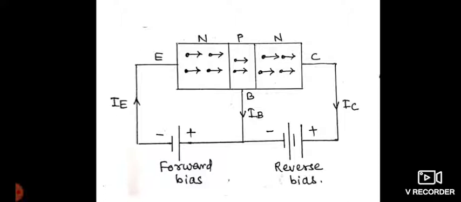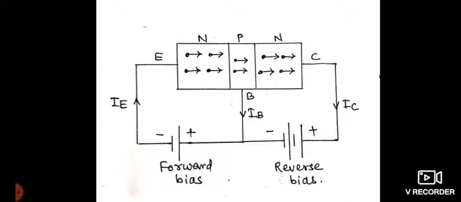For the base, the positive terminal of the battery is connected. So, those electrons are also attracted towards the positive terminal which is connected to the base. So, they are repelled from the negative terminal and attracted towards the positive terminal, so they will try to rush towards the base.